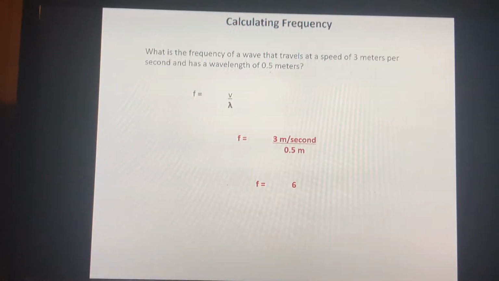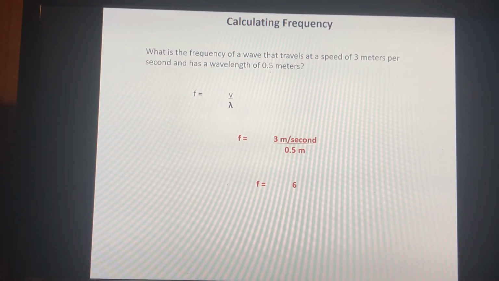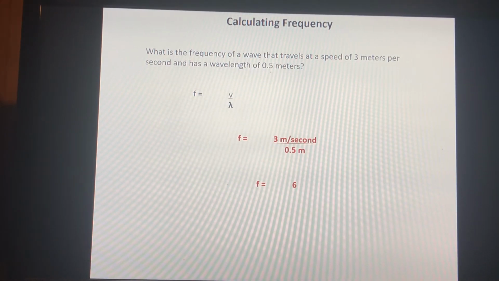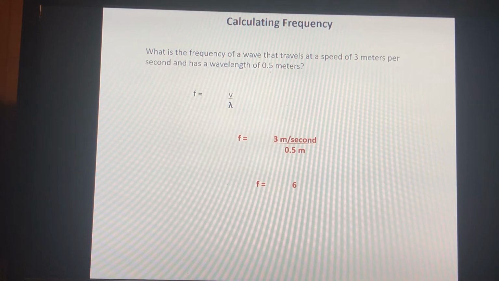And so meters divided by meters is going to be, just like 5 divided by 5, going to give you 1. Meters divided by meters are going to equal 1 also. So they have canceled each other out.